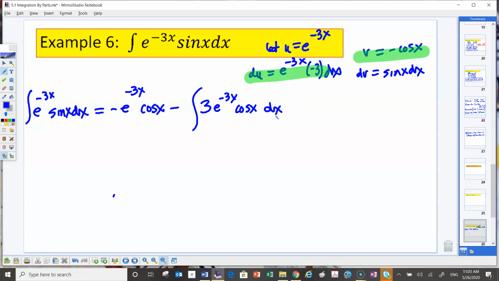So if I clean this up, I'm going to get e to the negative 3x sine x dx, which is my original question, equal to negative e to the negative 3x cos x, and I'm going to bring this 3 out front because it's a constant.